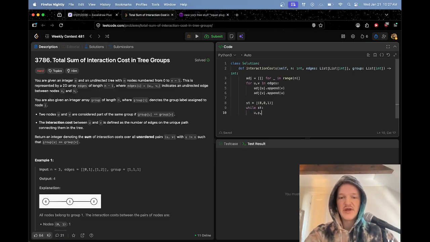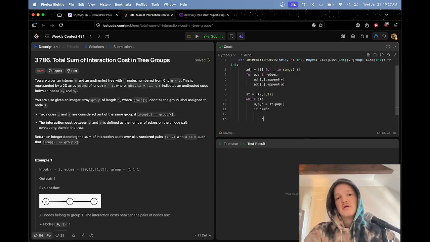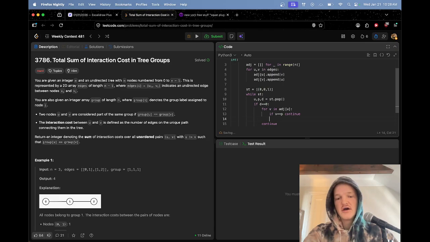So u, parent, direction equals stack.pop. Let's see, so here we want to say for v in ADJ u, if v is parent, continue, because we want to ignore that. For I in range, and I'm going to have a limit that's just like how many groups there are.